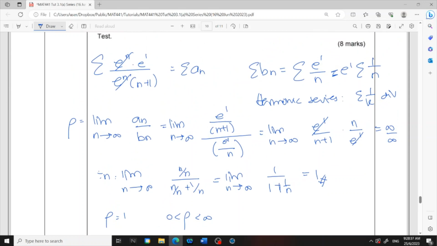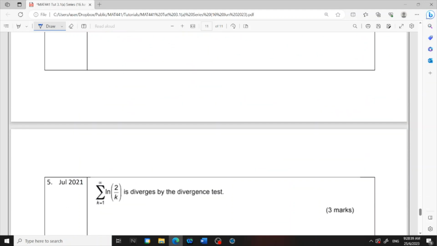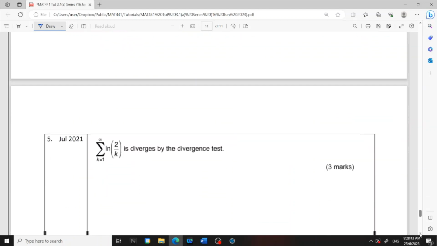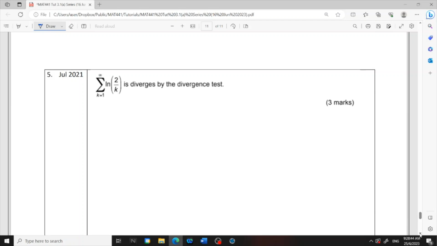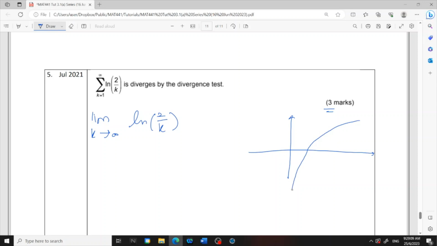So the next question, we need to use the divergent test. So what is the divergent test? For the divergent test we need to use a limit. In this case we find the limit as k approaches infinity of natural log 2 over k. This is simple, only 3 marks. So again, what is the behavior of the natural log function? This is the natural log.